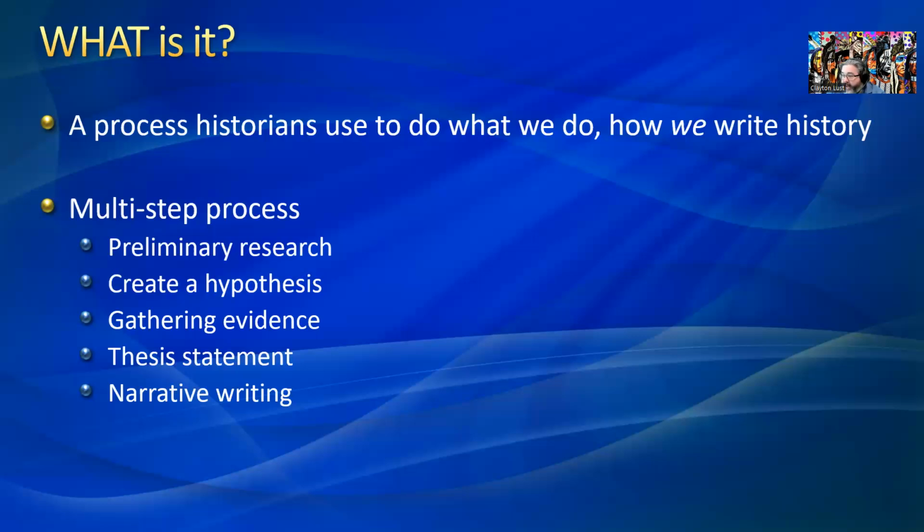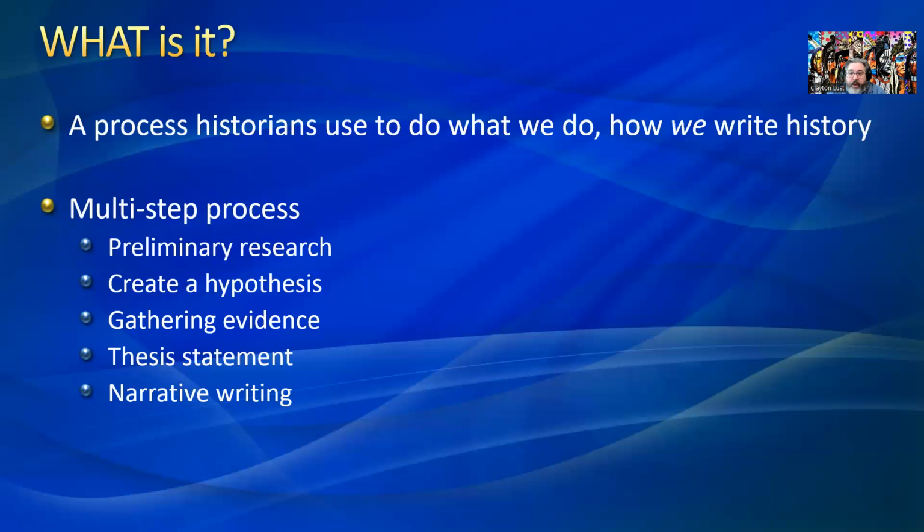Now, as I say this, I want to caution you on misconceptions. Just because we have a historical method, like the scientific method, don't conflate methodology and infallibility. History is not infallible. A historian can follow these steps, get all the way through to the narrative process and write up what they've done.